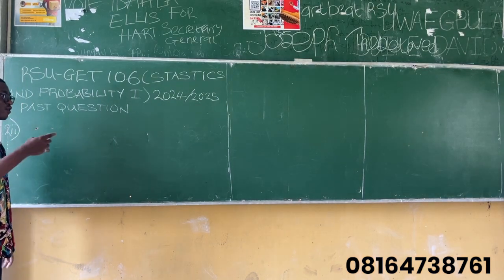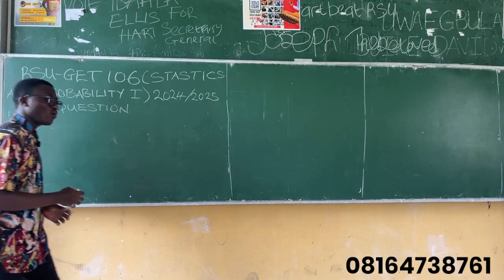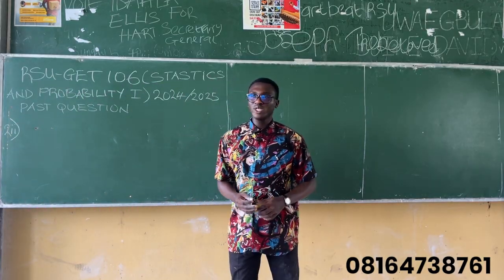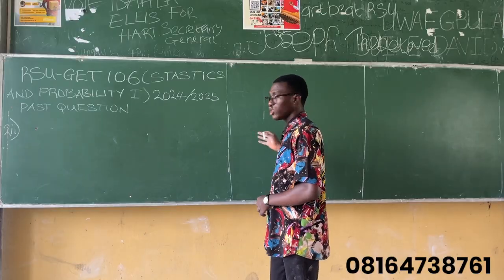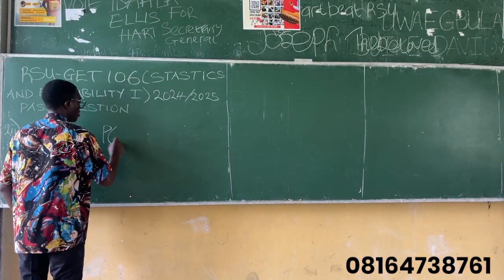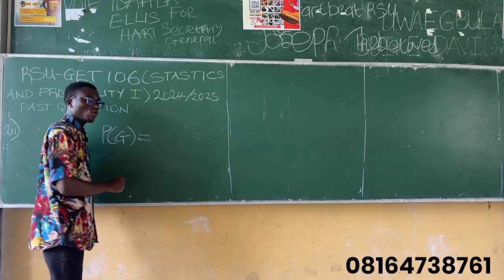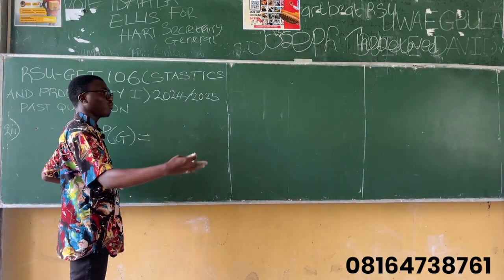So we've gotten the favorable outcomes, which are the total number of sample points having more girls than boys. And we said that it's equal to 10. So we remember that the probability is equal to the total number of favorable outcomes all over the total number of possible outcomes.